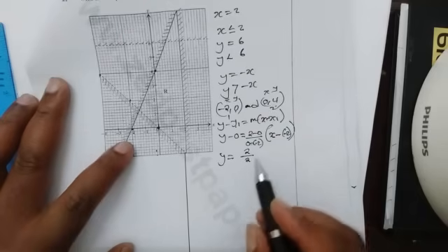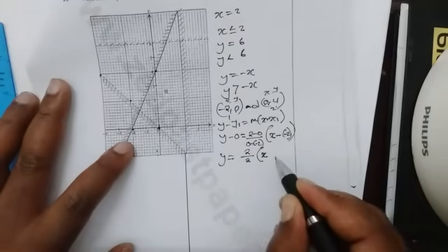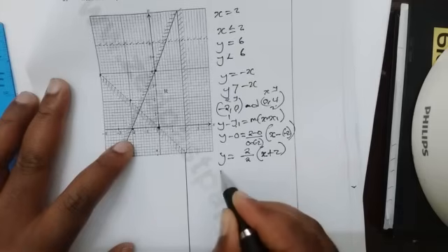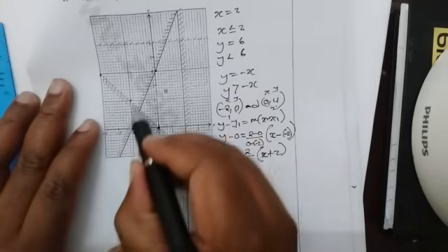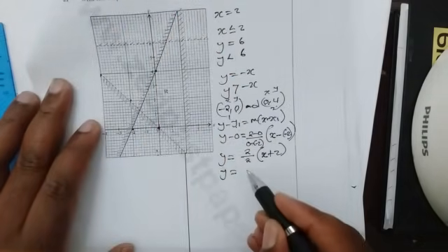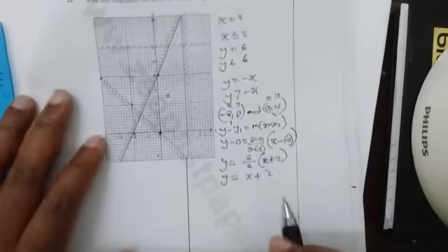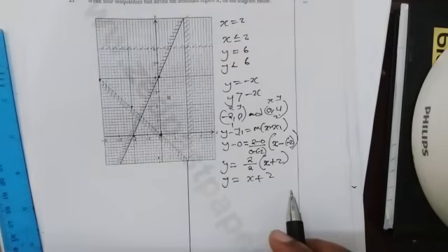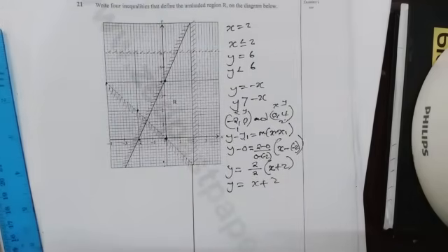So y is equal to 4 over, this is positive 2, times x plus 2. Why is it positive? Because the line slants to the right hand side, so it has to be positive. So 2 into 4 is 2, and 2 by x, you have 2x. Then 2 into 4 is 2, by 2 you have 4. So this is what we have.